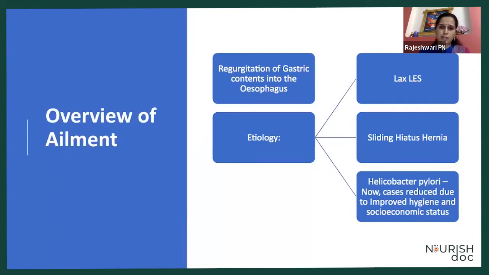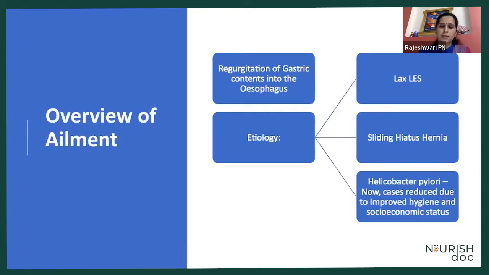Whenever a patient burps, a small part of food comes and he feels food coming back into the esophagus. This is normally present in all individuals for about 20 minutes per day, but if it exceeds that, then we call it a disease.